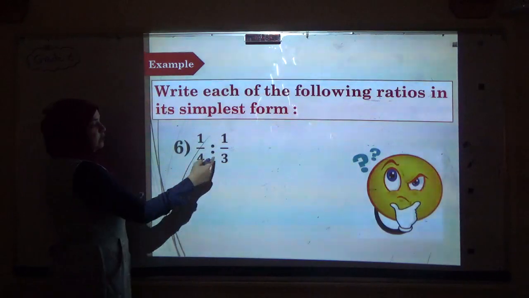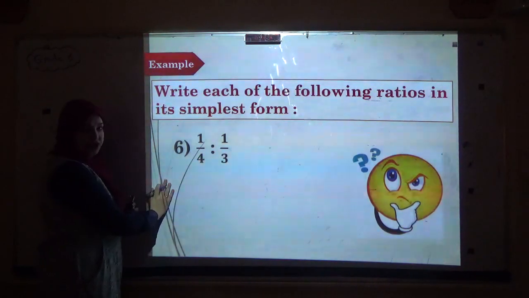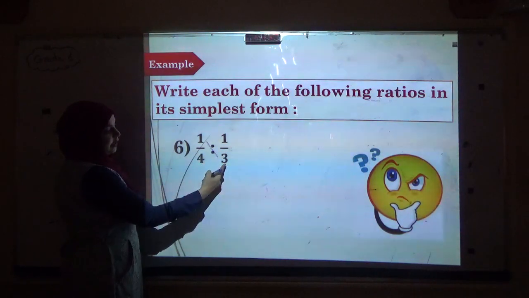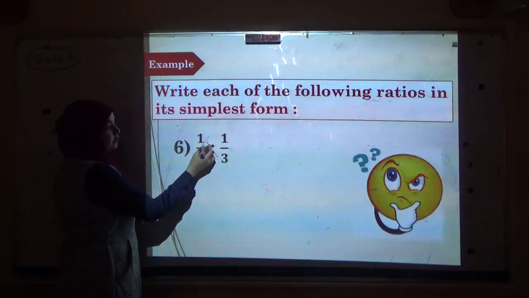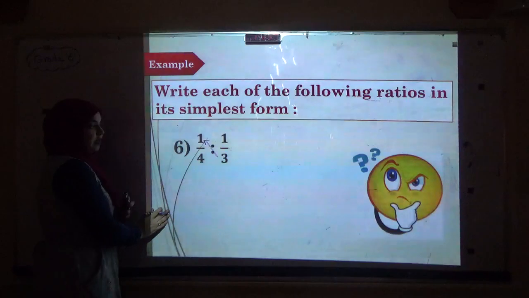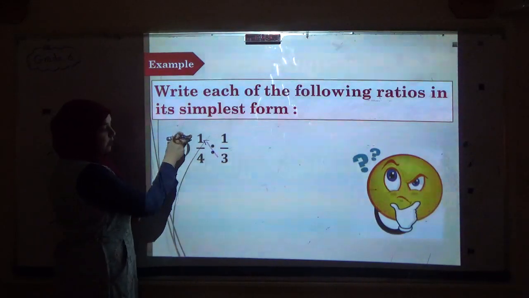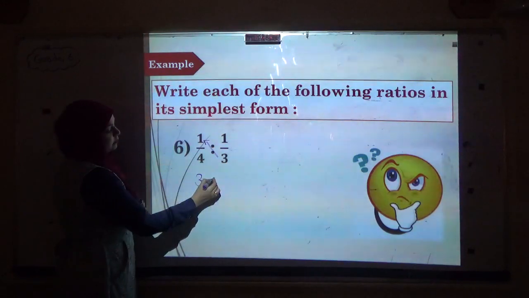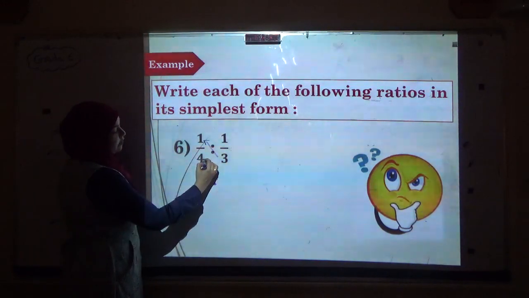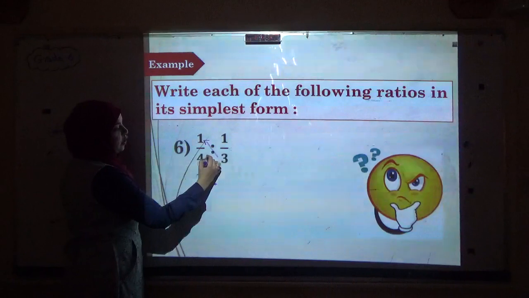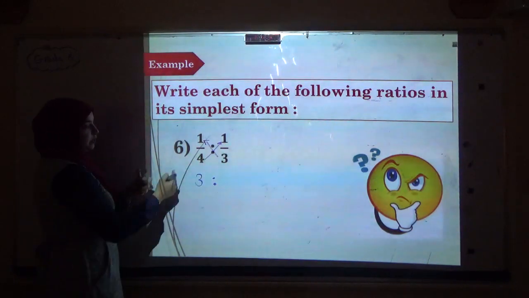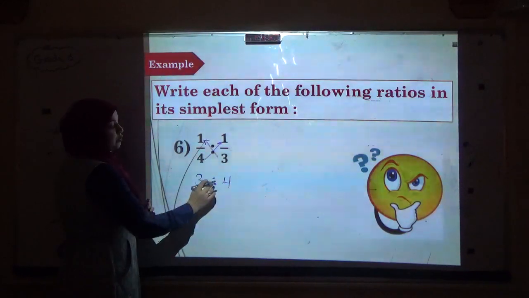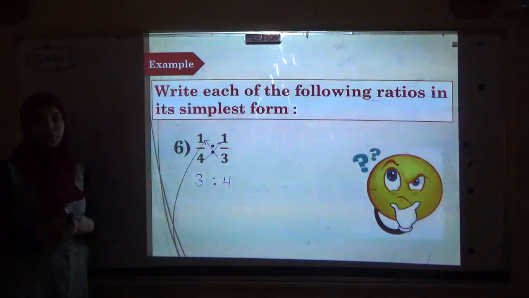So if the two terms of the ratio are fractions, we can use cross multiplication by multiplying the second denominator by the first numerator. 3 multiplied by 1 equals 3, and put 3 as the first term. Now multiply the first denominator by the second numerator. 4 multiplied by 1 equals 4, and 3 to 4 is the simplest form.